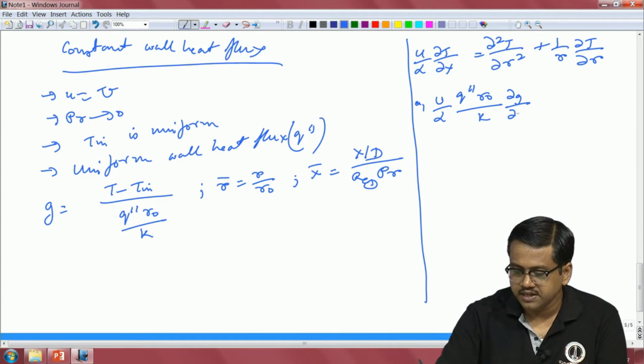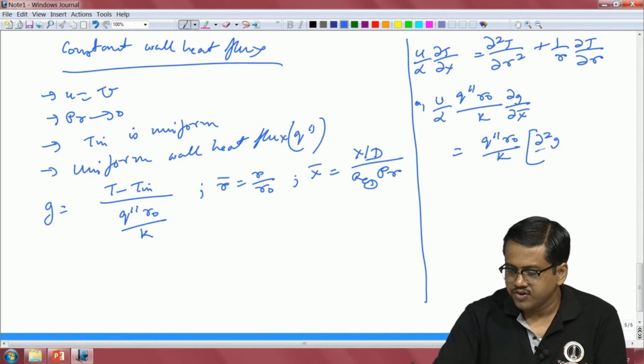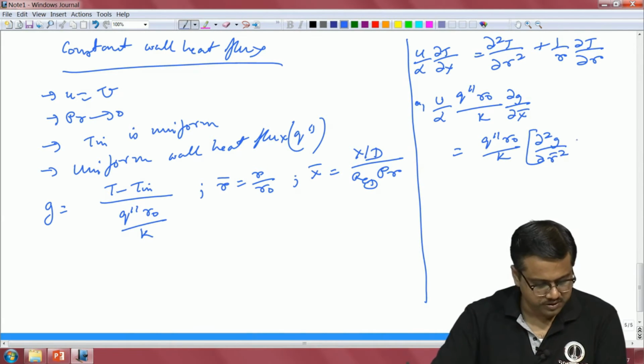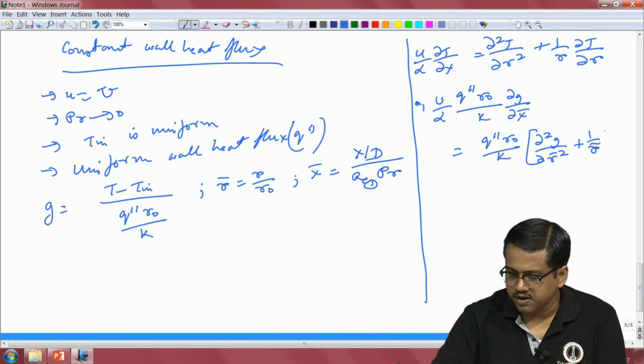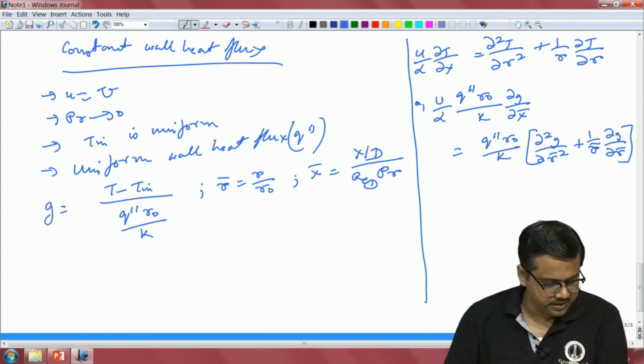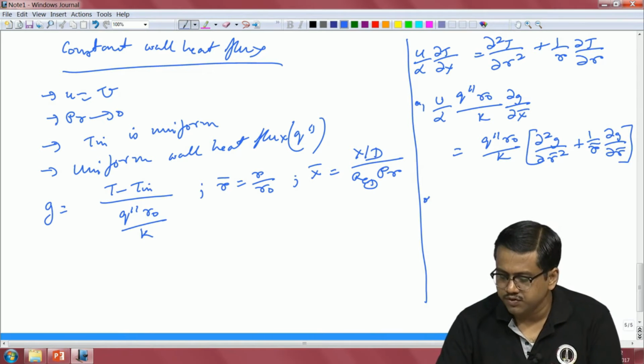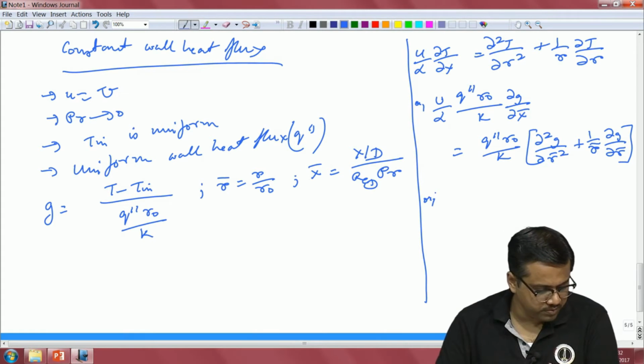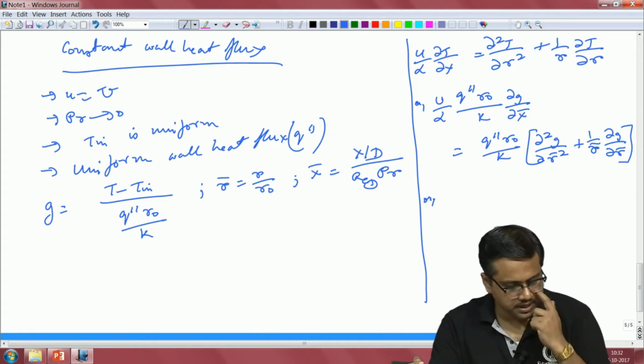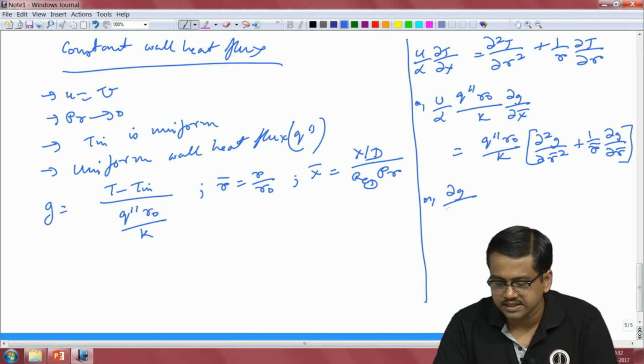This dG by dx bar is equal to Q double prime R naught by K times d square G by dR bar square plus 1 by R bar dG by dR bar, right. Now if you take a few terms off from both sides, once again your equation remains exactly the same.